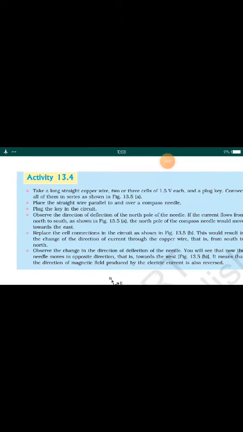Place the straight wire parallel to and over a compass needle. Plug the key in the circuit. Observe the direction of deflection of the north pole of the needle.